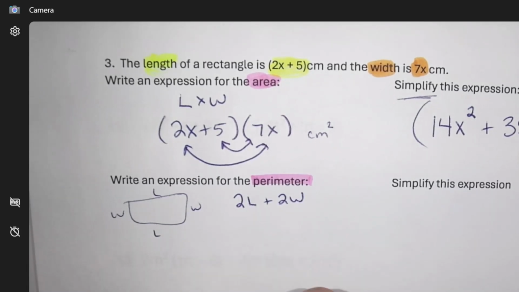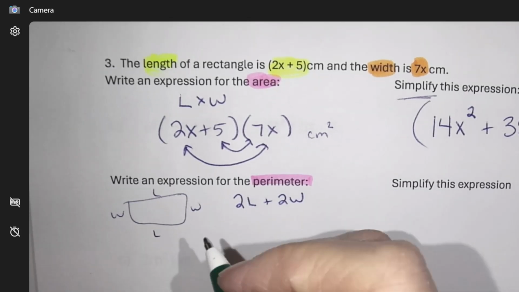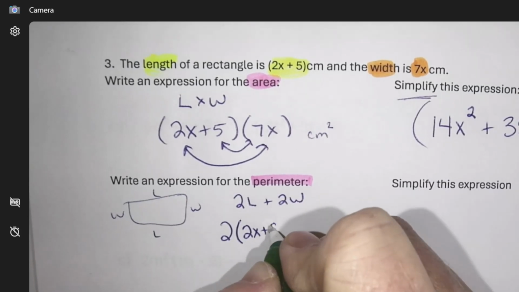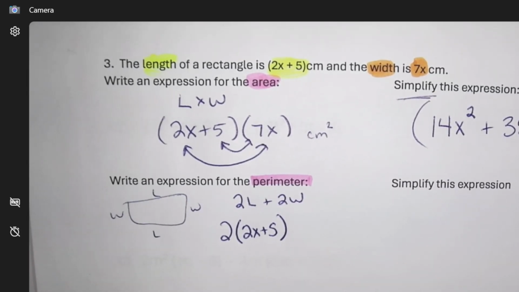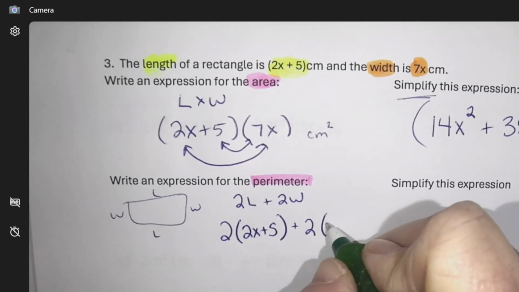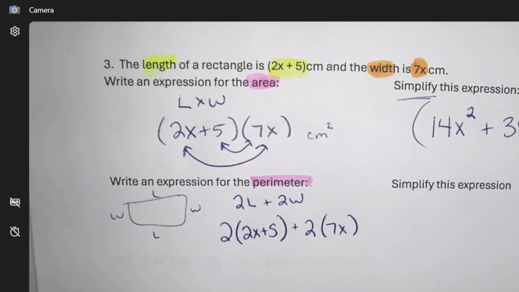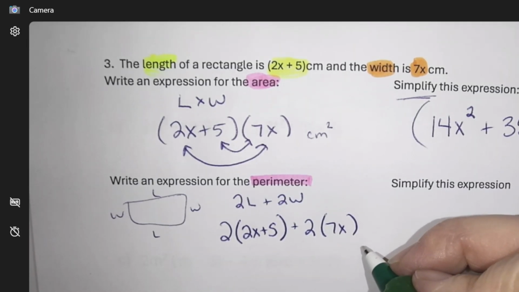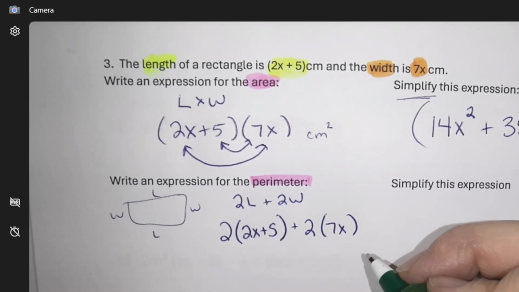So what does that look like with your info at the top line? What does it look like if I do 2 of the lengths? It would look like that. And if I did 2 of the widths? Okay, this is the perimeter expression.